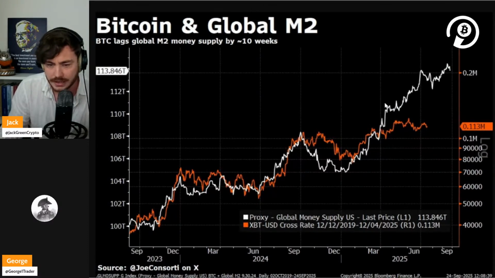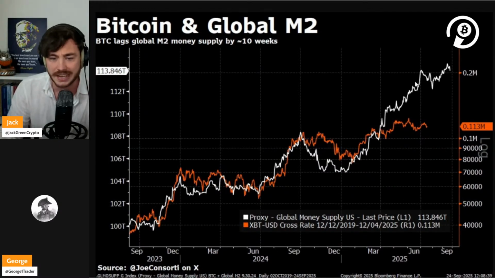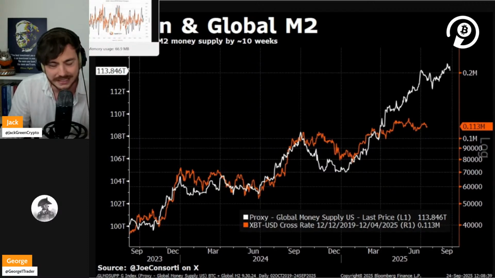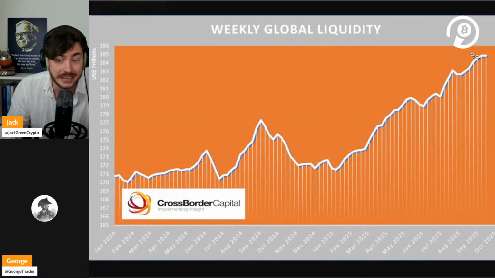So normally, every more macro analyst on Twitter is saying, okay, if global M2 is going up, Bitcoin should go up. But like I said, it's not global M2 that you should look at, it's global liquidity. Global liquidity is much more accurate, and you can see that for Bitcoin's price, global liquidity is not helping at the moment.